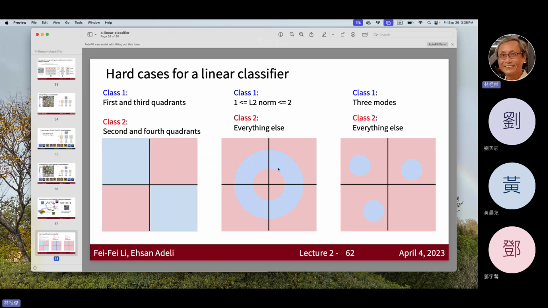So depending on your original input and also the pattern of your pixels, there are some different types of classes.